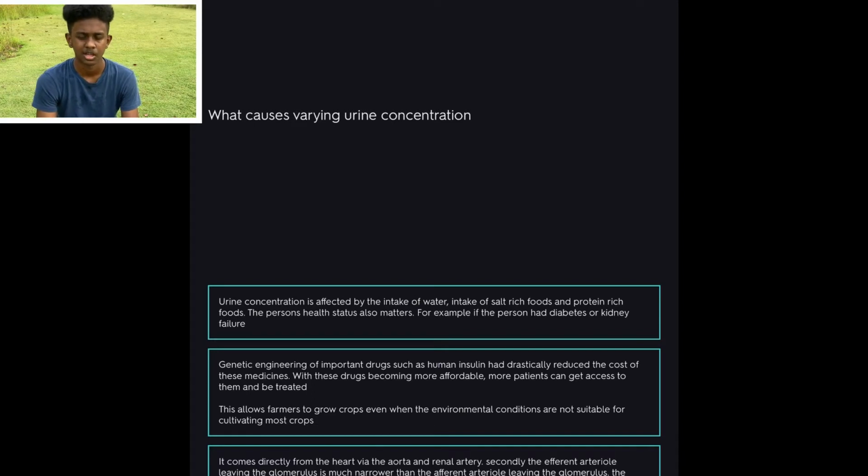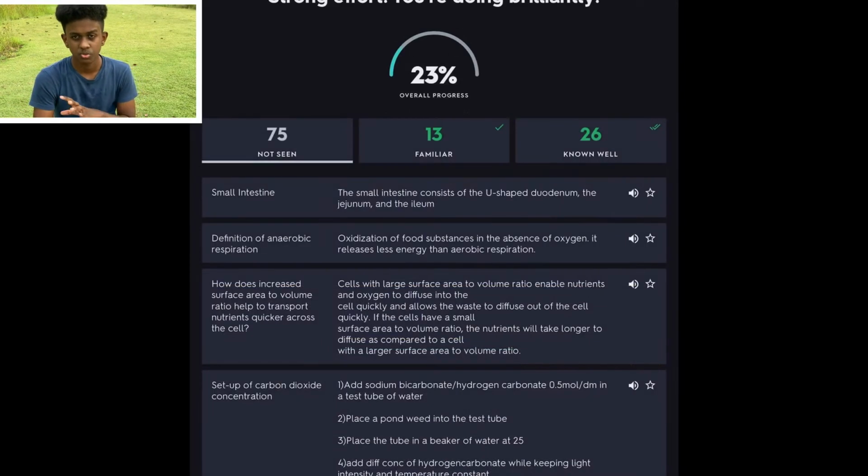So type 1 and type 2 diabetes. That would cause not enough absorption of glucose in the proximal convoluted tubule, and that means there's still some glucose left in the urine. So that's what it does. So that's one round of it.